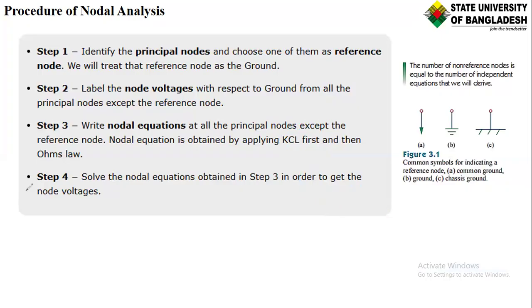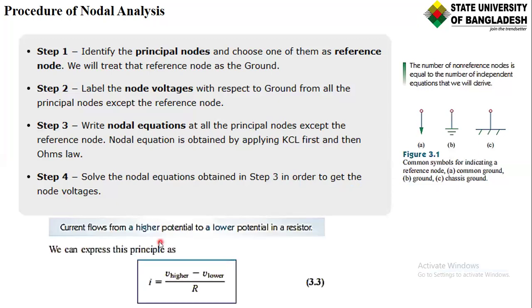One important thing you must remember while solving these: the current flows from the higher potential to a lower potential in a resistor. When we understood Ohm's law, we found that the voltage over a resistor with current I and resistance R depends on those two points.